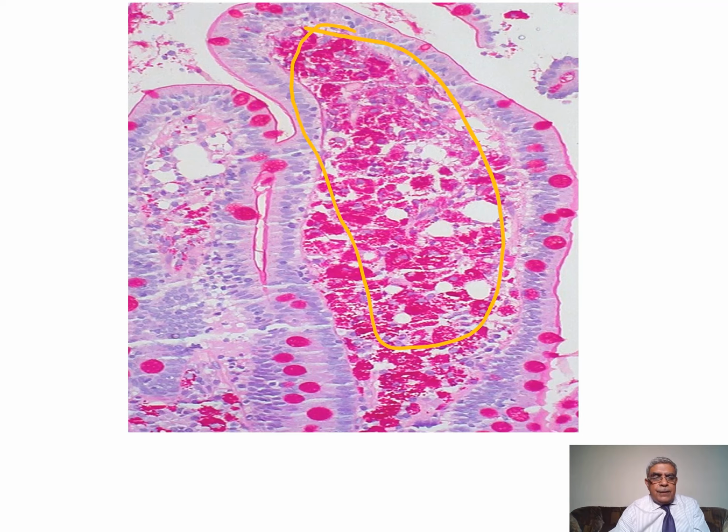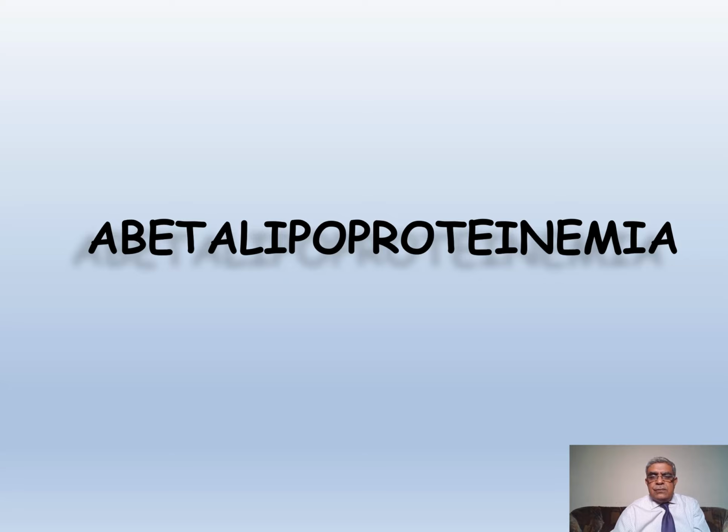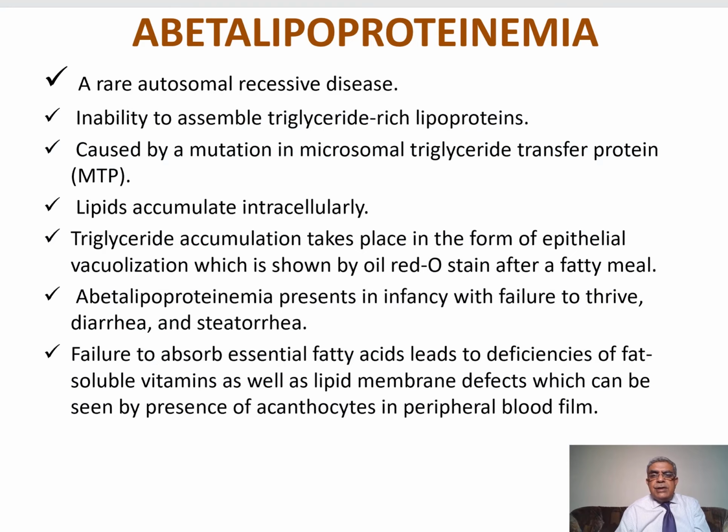And another entity which leads to malabsorption syndrome, besides tropical sprue, celiac disease and Whipple's disease, which we have discussed, is abetalipoproteinemia. It is a rare autosomal recessive disease.